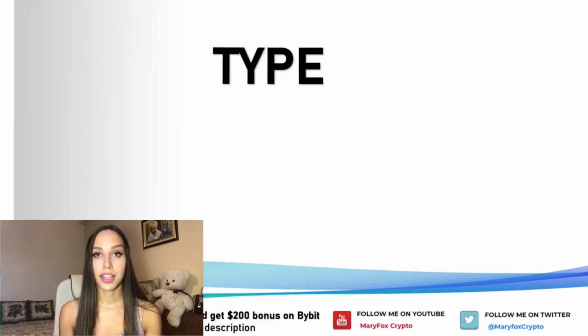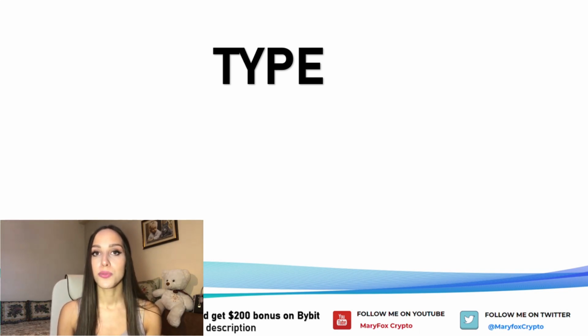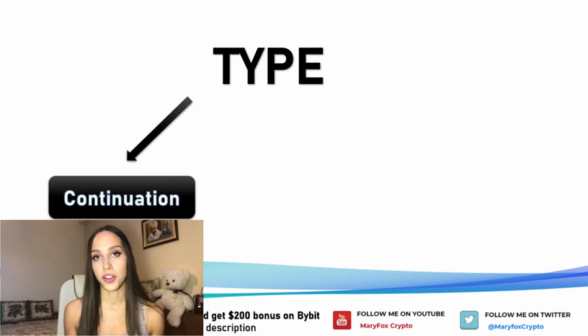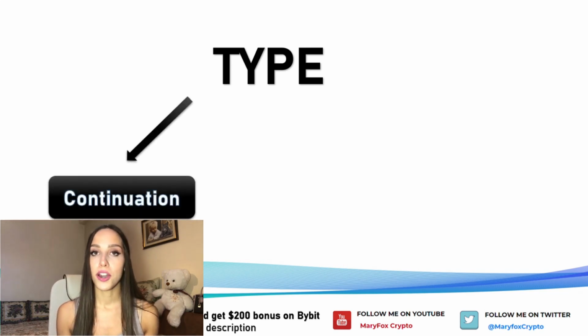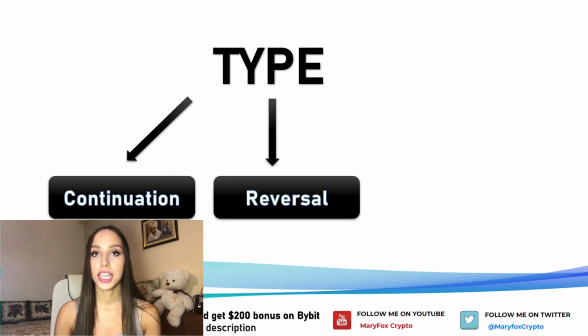Now let's look at the second element, which is a type of a pattern. There are 3 main types of patterns, and the first one is a continuation pattern. This means that when this pattern appears, the price will continue going in the same direction. The second type is a reversal pattern. Reversal patterns indicate that the price will reverse its current direction, which means that when this pattern appears, the price will go to the opposite direction.